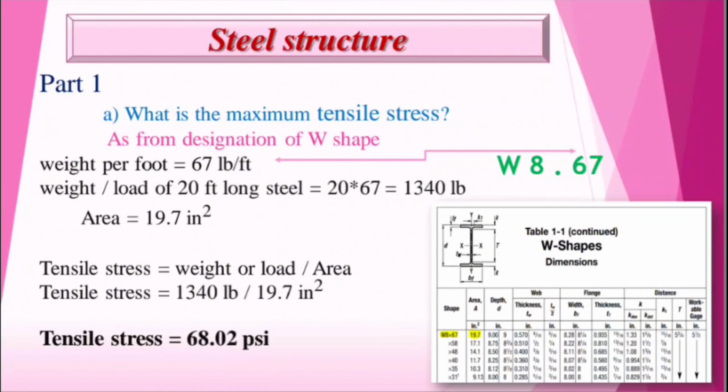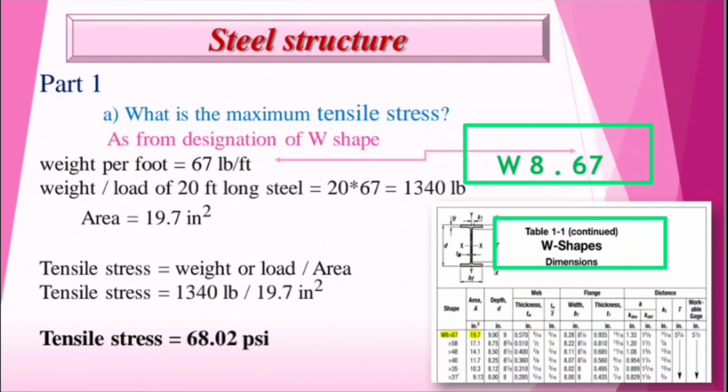For area calculation we use the steel manual. For each shape of structural steel, different section properties are given in the steel manual. For the W shape we go to the W shape chapter, and find the designation given in the question.